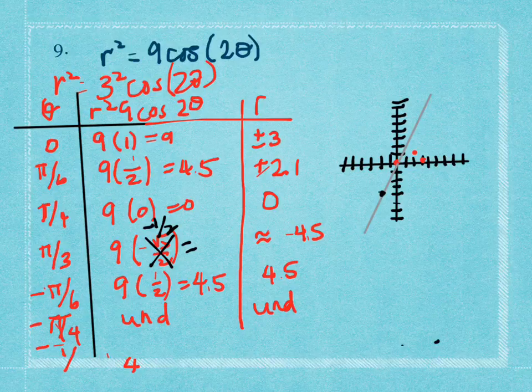And then negative pi over 6 means going pi over 6 in the opposite direction. And we're out at 4.5.